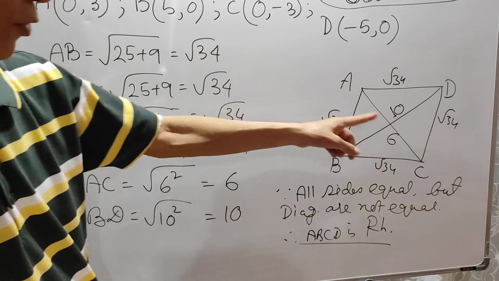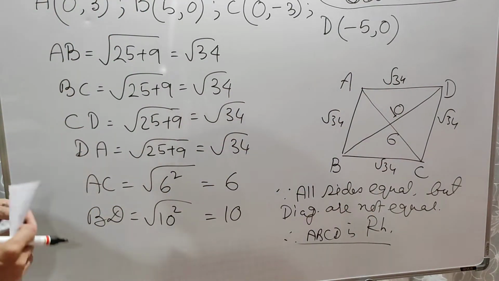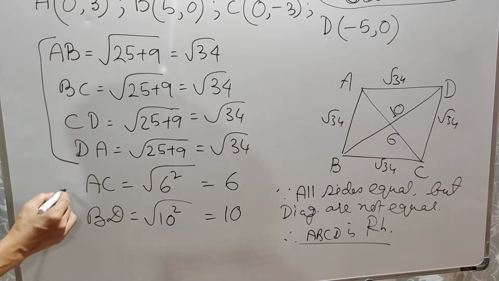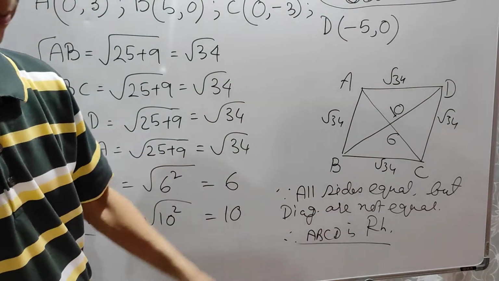We have shown all the four sides are equal, which four sides? AB equal to BC equal to CD equal to DA. All these four sides are equal, but these two diagonals are not equal. Therefore, it is a rhombus.